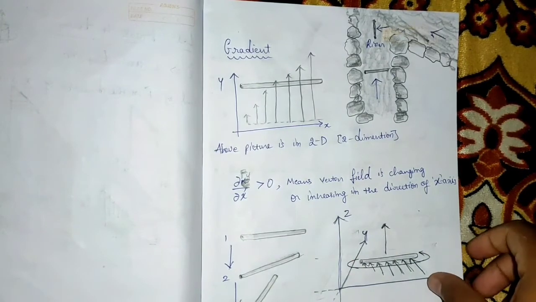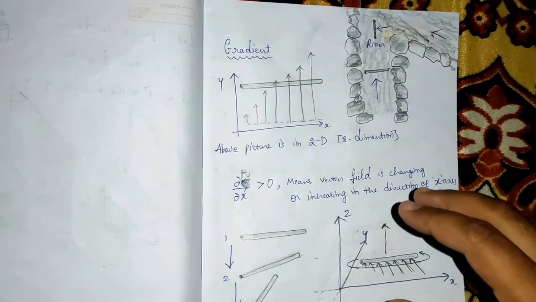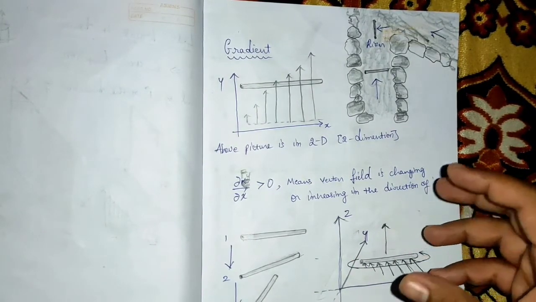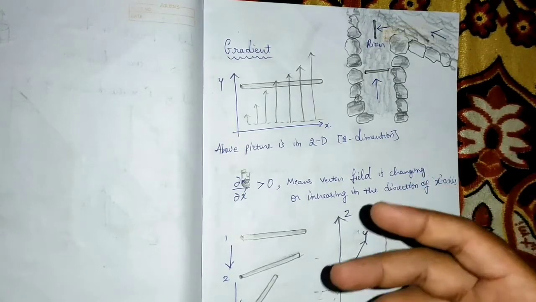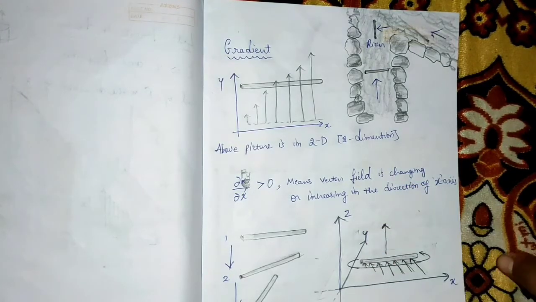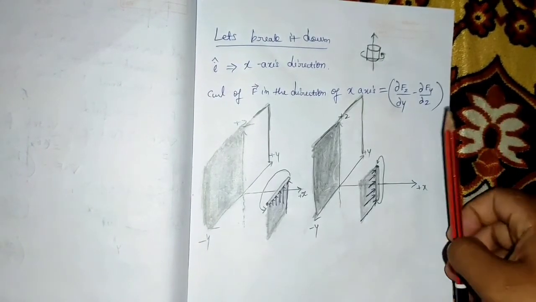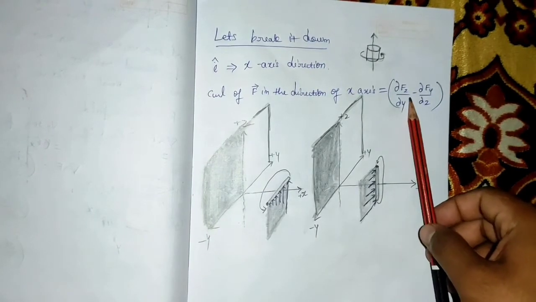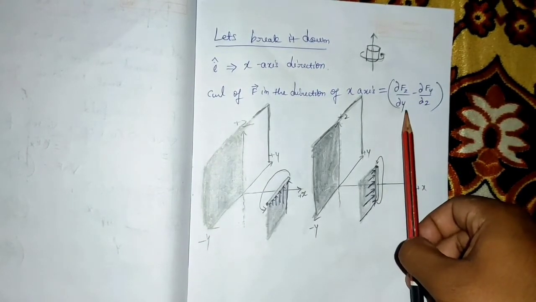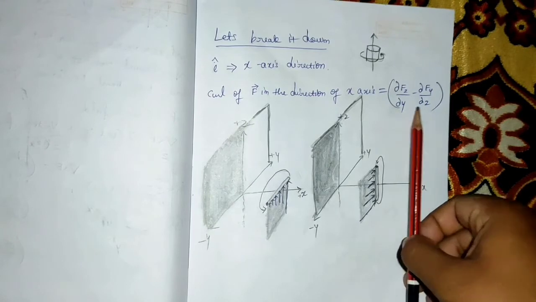Okay, so now let's understand the curl, the x component of the curl. Now we are back to the previous page, where we took the curl in the direction of the x-axis.